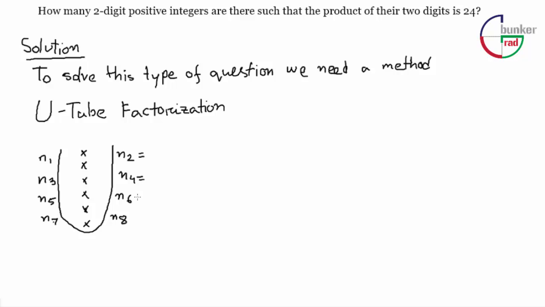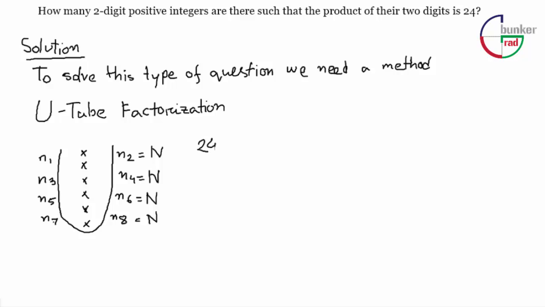Here on the left side we have n1, n3, n5, n7, the odd values, and these values will chronologically be greater, and on the right side, we have n2, n4, n6, and these values will chronologically be lesser than the previous one.